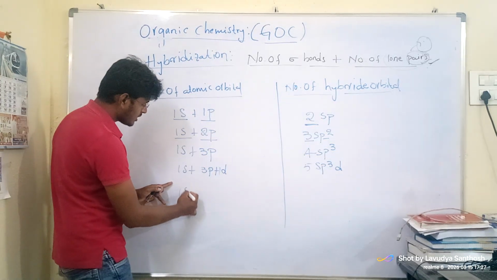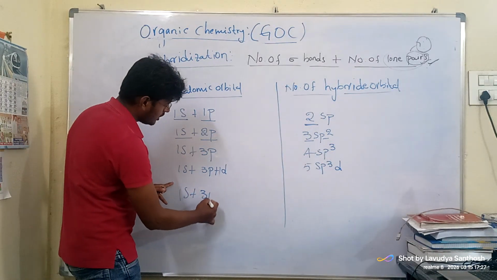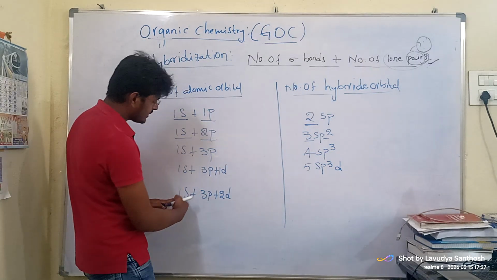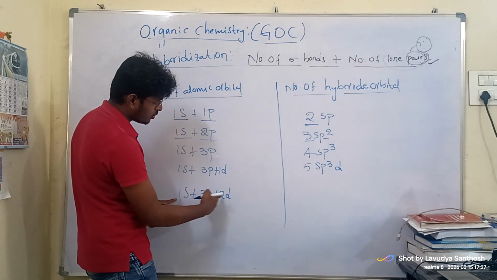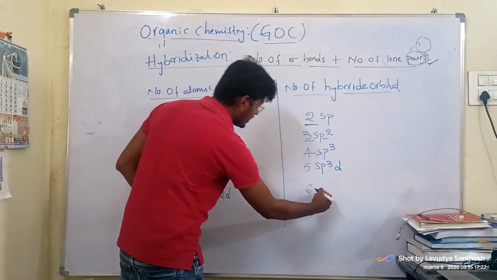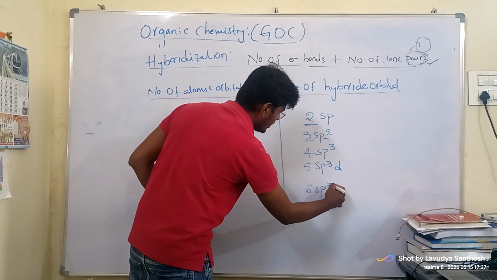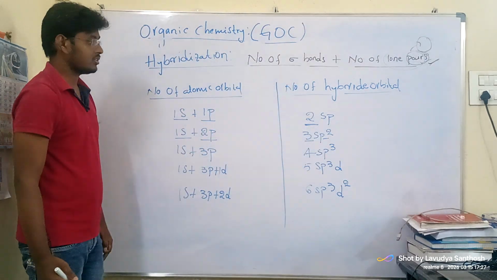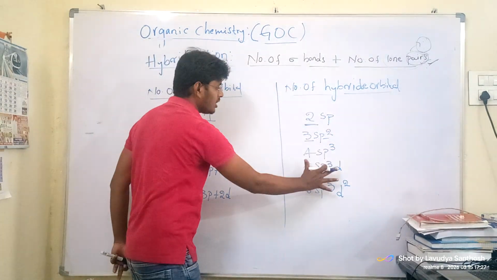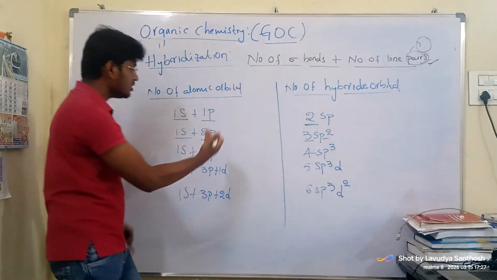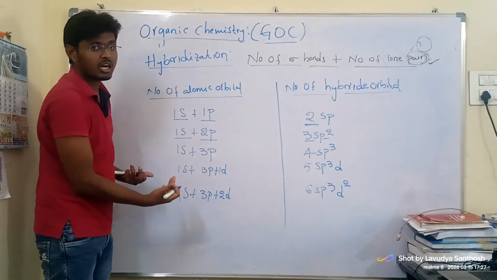Now 1s plus 3p plus 2d: 1 plus 3 is 4, plus 2 is 6, so 6 sp3d2. So the hybridized orbitals are outcomes of the intermixing of atomic orbitals.